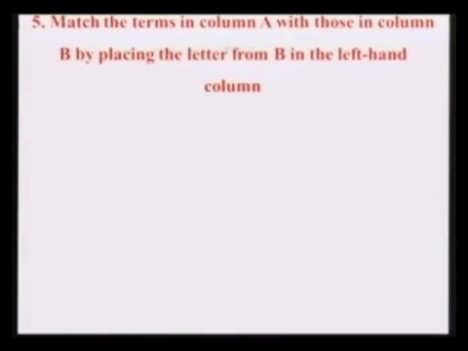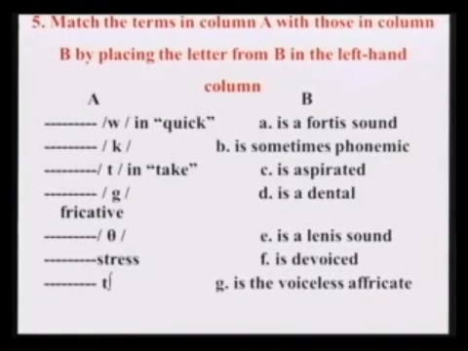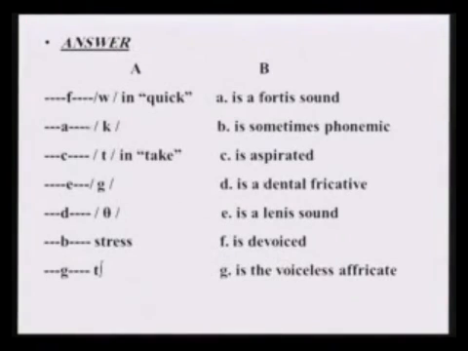Okay, match the terms in column A with those in column B by placing, you know the matching. You are given empty spaces and letters. F is devoiced means that w in quick is devoiced. Quick, quick. It loses the voicing.